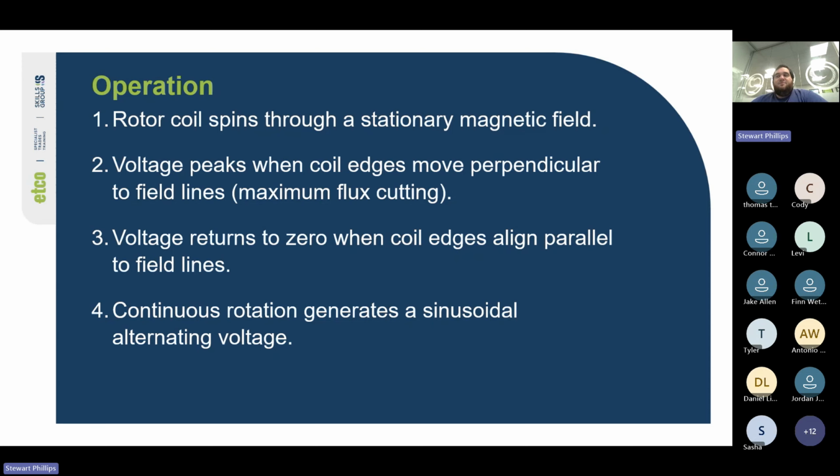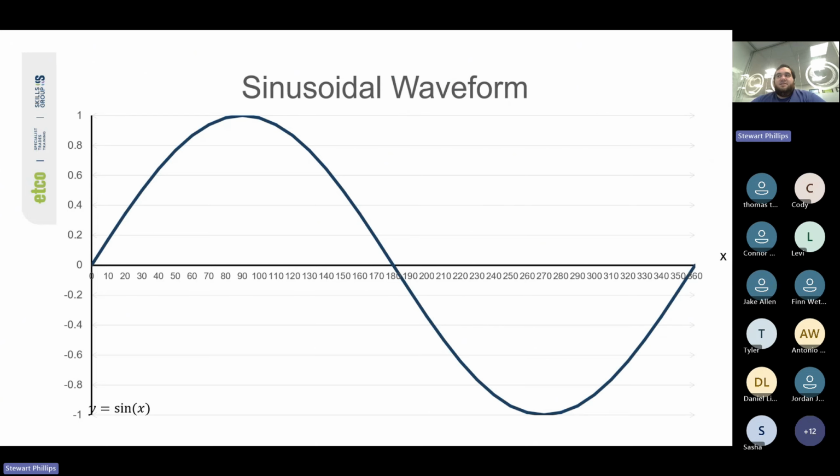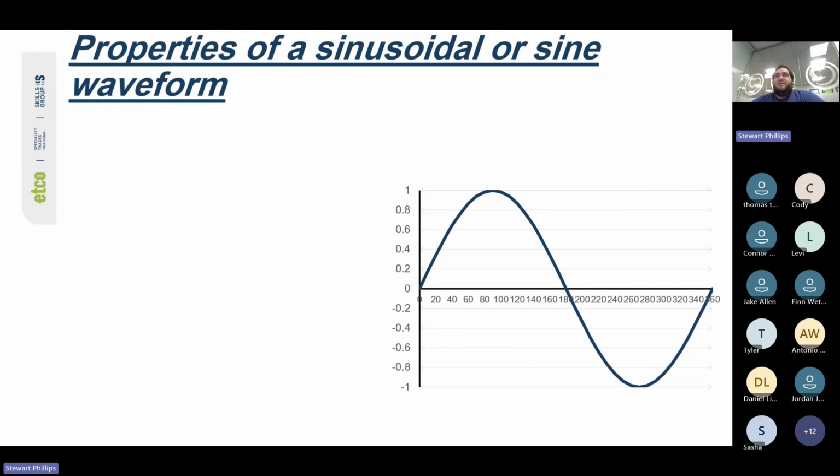Okay, and then we're going to quickly run through what we did last week because they want us to do sine waves again. But you guys have seen the sine wave. It goes up and down. Peak at 90, 0 at 180, inverse peak at 270, 0 at 360. So we looked at the properties.